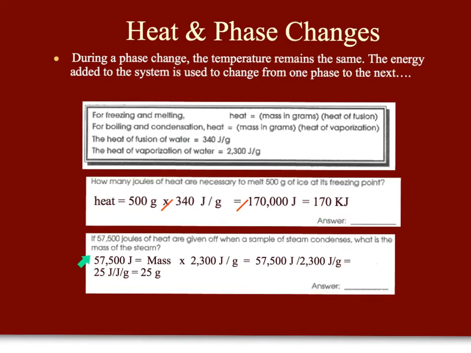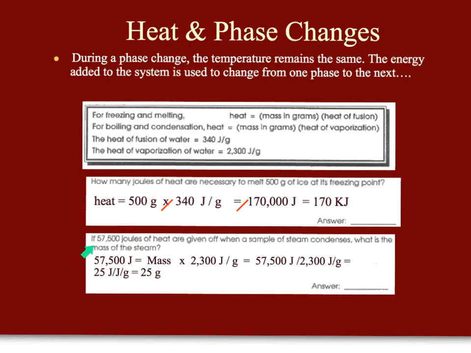In our next problem, we have our joules of heat given, and we are talking about steam condensing. We know that we're dealing with vaporization, and we want to know what is the mass of the steam.